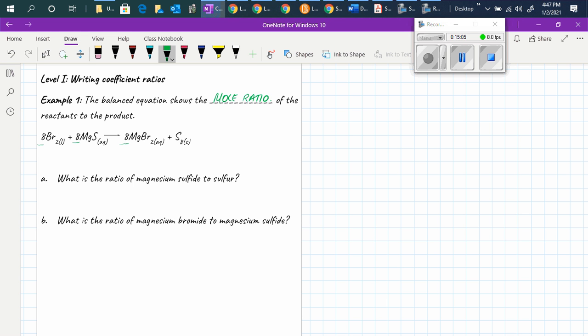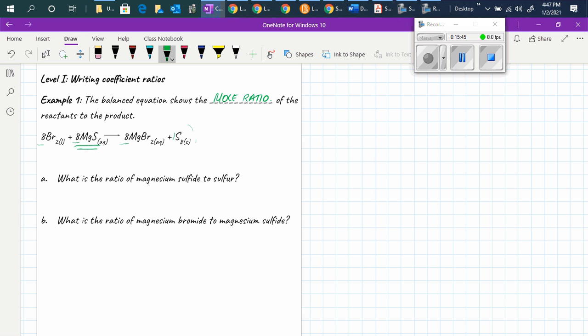When there is nothing, it is 1. They are showing us the molar ratio.